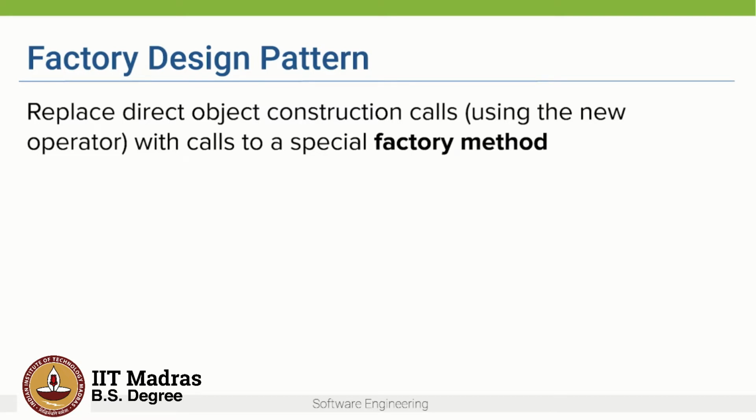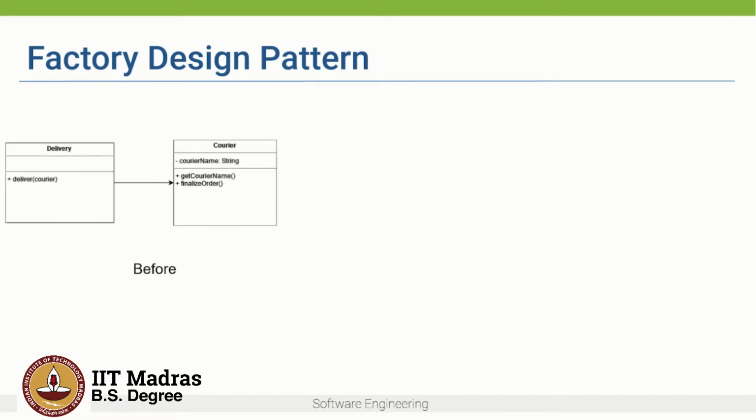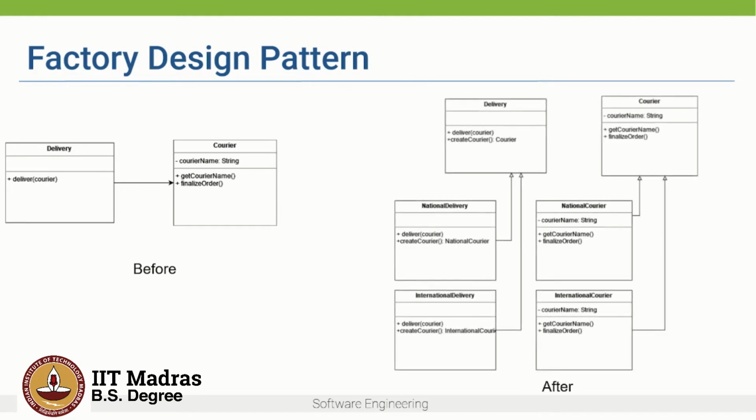Let's look at our example again. So this was our code earlier, right? And now after we apply the factory design pattern, what we will first do is make these delivery and courier classes abstract, right?